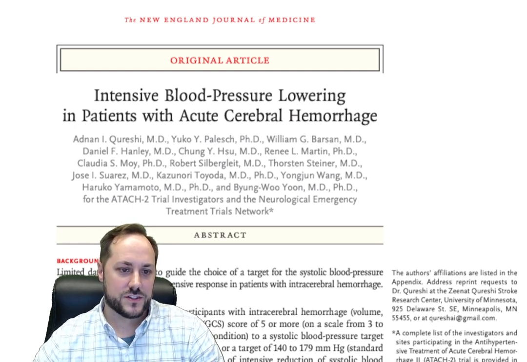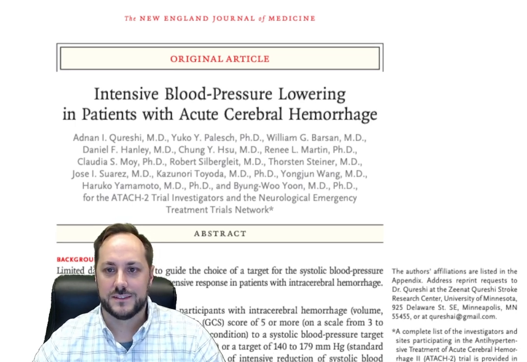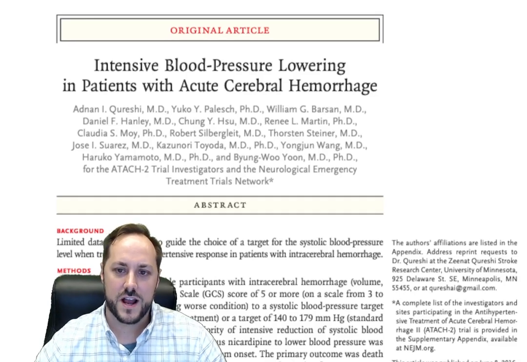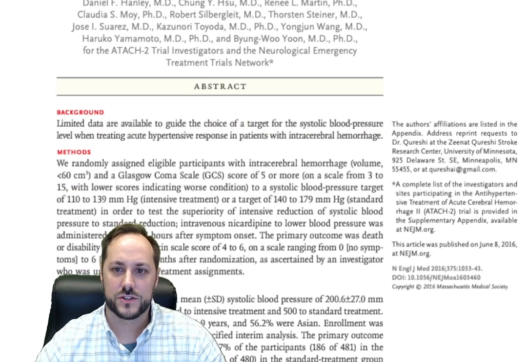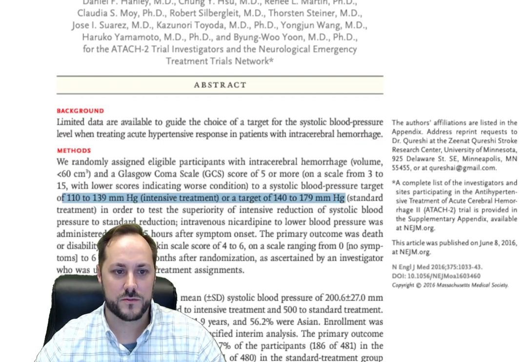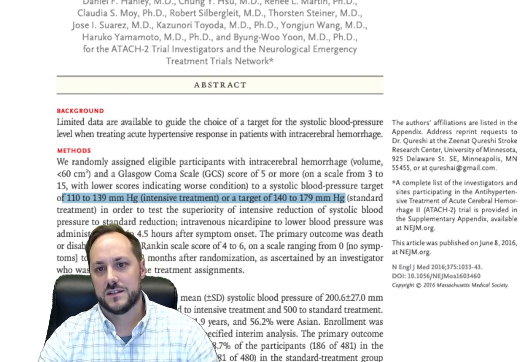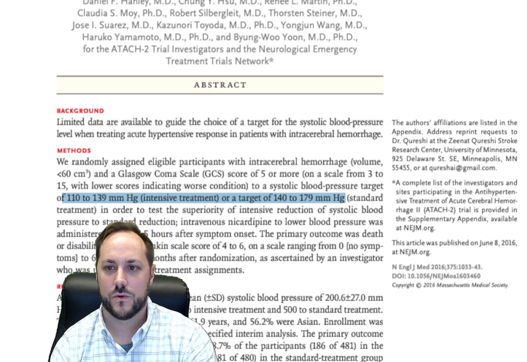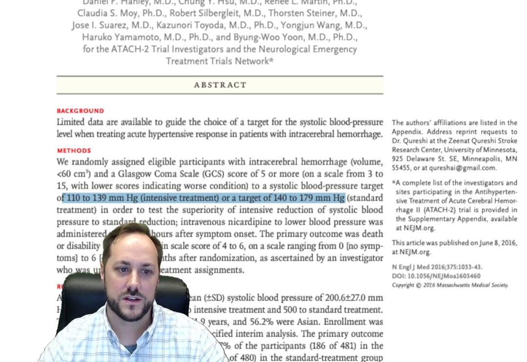So let's just begin here with a little summary. This is a trial where they did 2 blood pressure goals. They did intense lowering on patients coming in with intracerebral hemorrhage, and they did a 110 to 139 goal as the intensive treatment group, or a target of 140 to 179 in the standard treatment group.